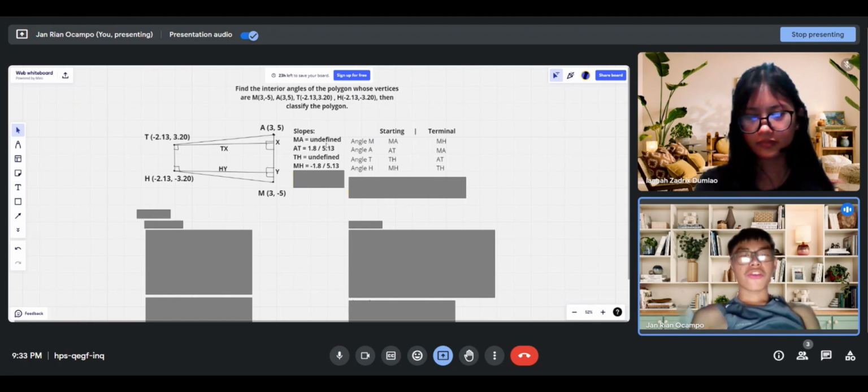And with the slope of undefined, we could not find this. So we create the lines TX and HY, which are parallel to the x-axis. So we have their slope: TX is equals to 0 and HY is equals to 0, because again, they are parallel to the x-axis.